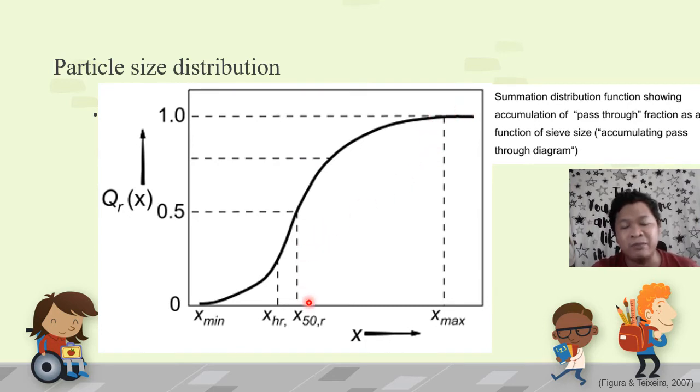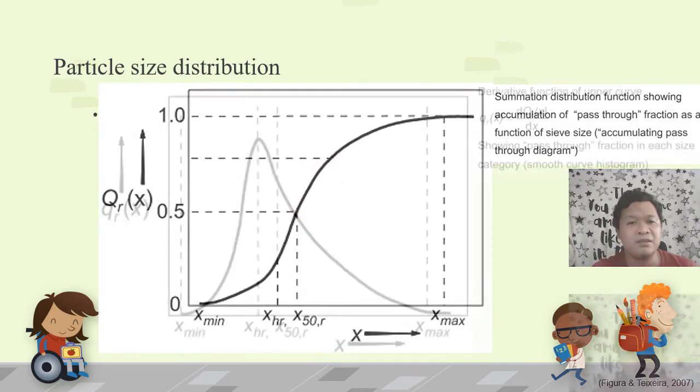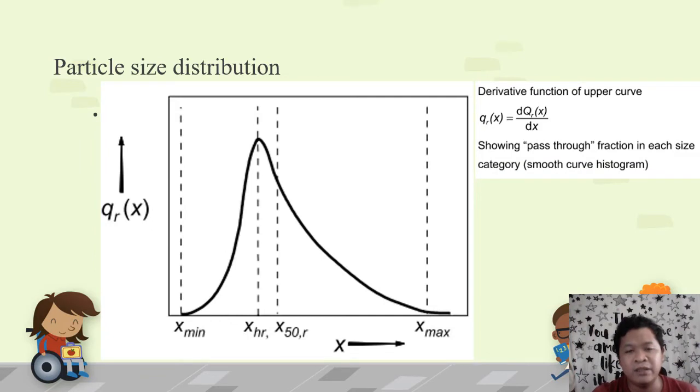So malinaw naman based dun sa previous table na nasa bandang gitna yung particle sizes na pinakamarami. So kung hindi natin siya gawing summative, then it will be a particle size distribution. In this case, this is a smoothened histogram curve.